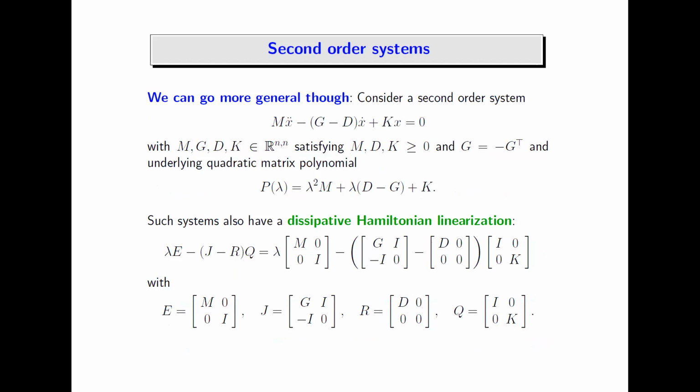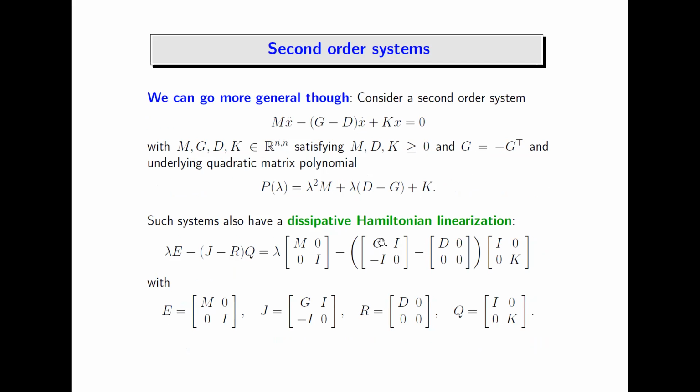I forgot that I even wanted to tell you more. We can even be a little bit more general, and we can take a matrix polynomial where we add a skew-symmetric part to one of the coefficient matrices. Here I have done this for the middle term, and then it's still possible to obtain a dissipative Hamiltonian linearization.